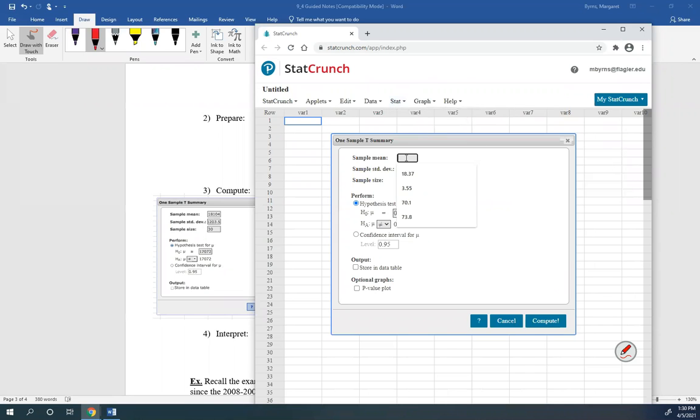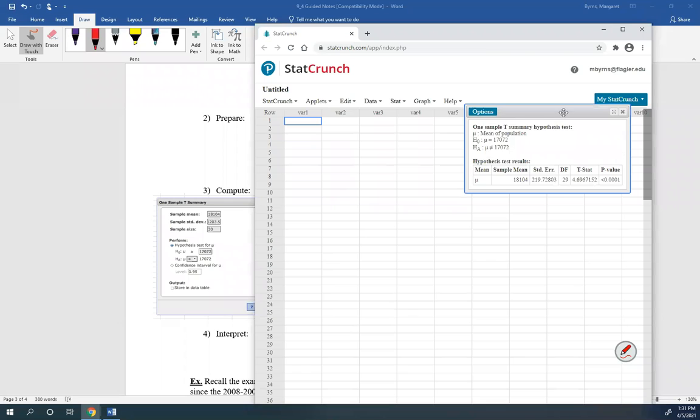My sample mean was 18,104. My sample standard deviation was 1203.5, and my sample size was 30. So my null hypothesis is that mu was equal to 17,072. My alternative was that it is not equal to that for the mean, so I'm going to click compute.